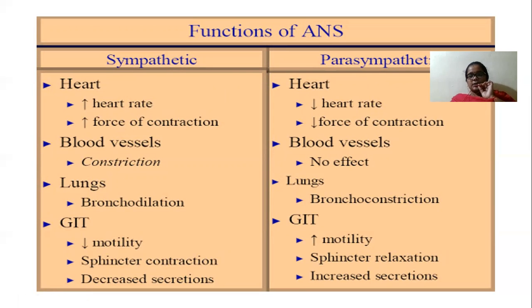The heart rate increases in the sympathetic nervous system and decreases in the parasympathetic nervous system. The force of contraction increases in the sympathetic nervous system and decreases in the parasympathetic nervous system.